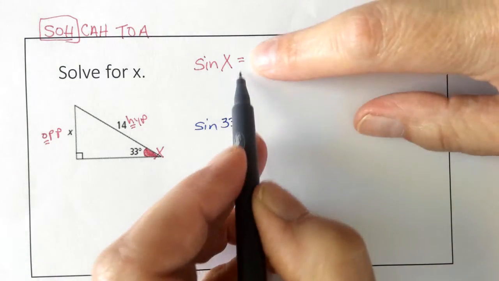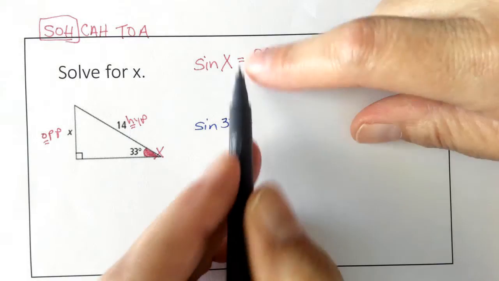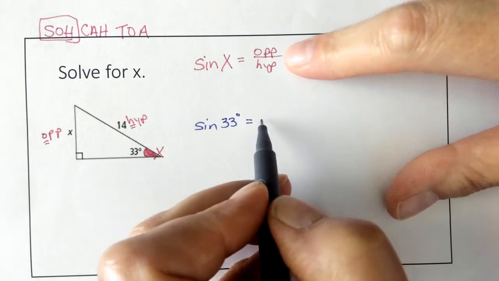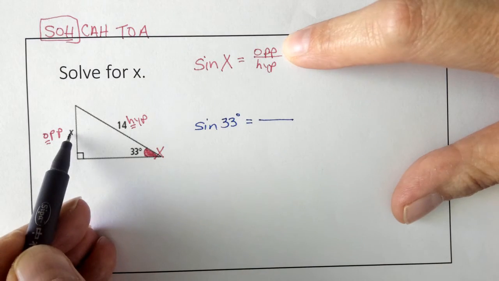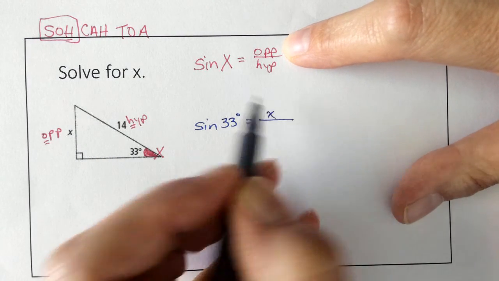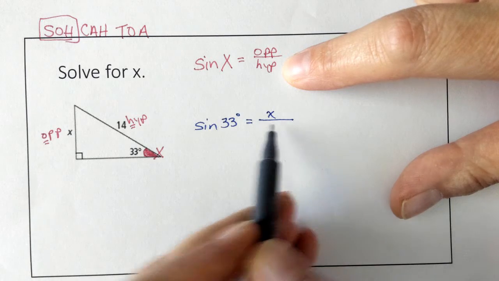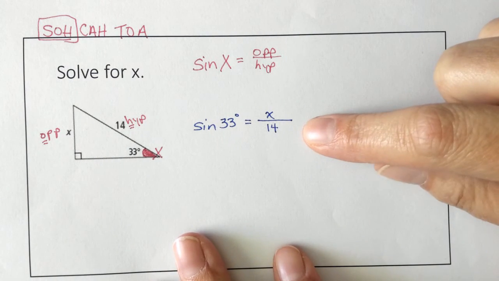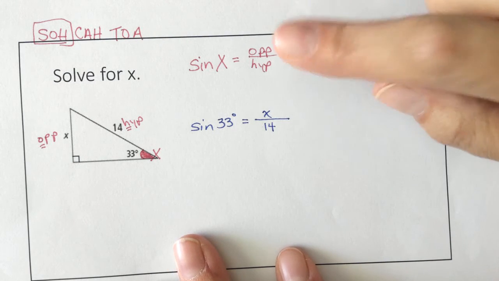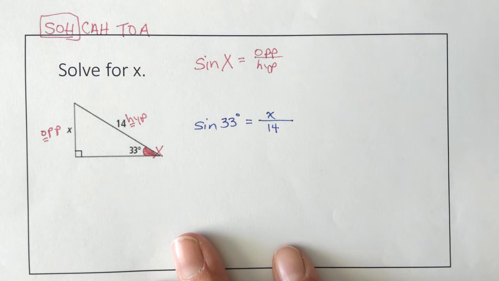Equals, just bringing down the pieces of the formula, treat it like a formula. I need a ratio of sides. Opposite goes on the top, that's the little x. Hypotenuse goes on the bottom, that's 14. Skip straight to the numbers if you can. If not, write down the formula first and then put your numbers in.